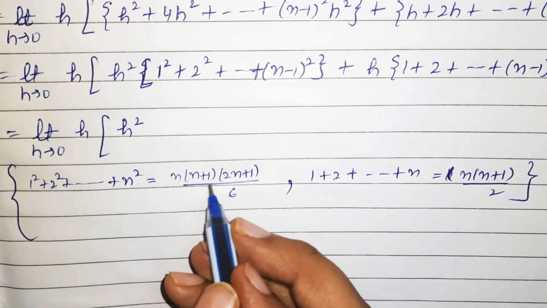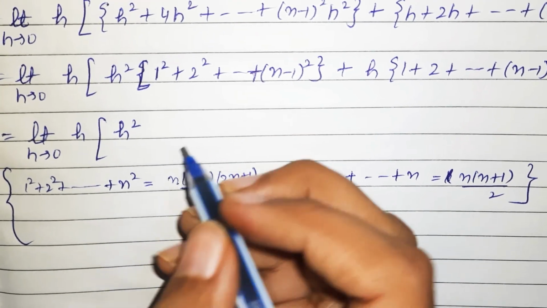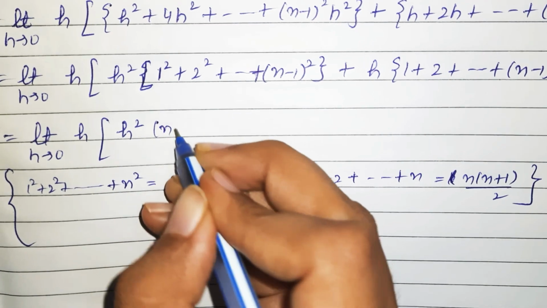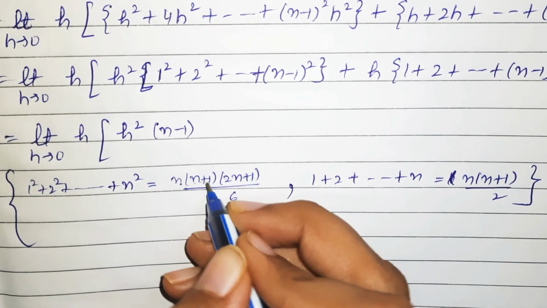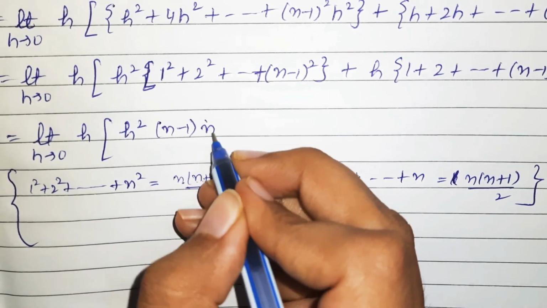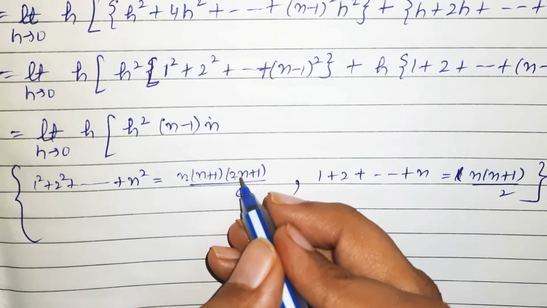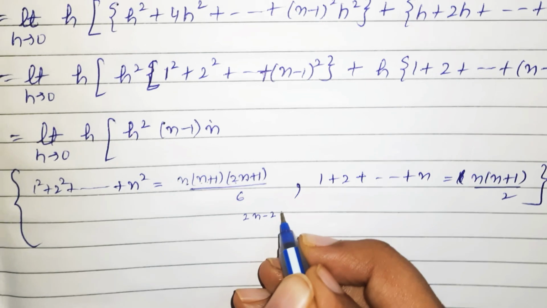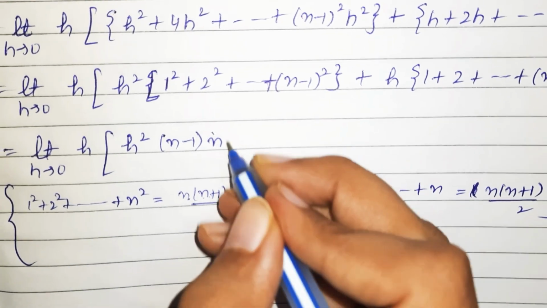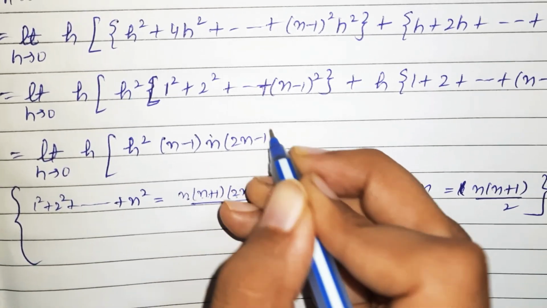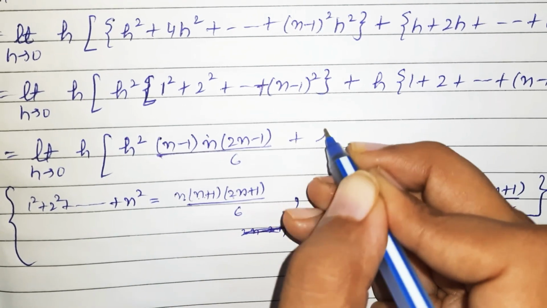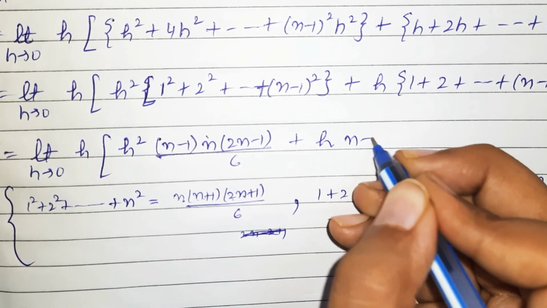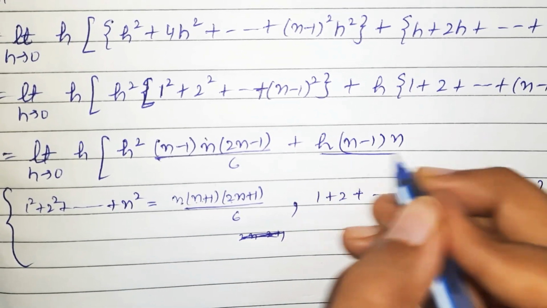Now instead of n I am having n minus 1. So this will become n minus 1, n minus 1 plus 1, so this will become n. And this is 2n minus 2 plus 1. So I am getting 2n minus 1 by 6, h n minus 1 n by 2.